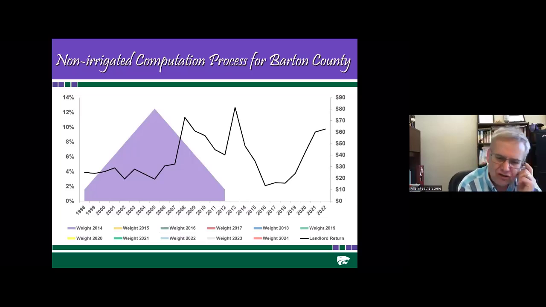But to give you an indication of how this works, we've put this weighted triangle there where you can see most of the weight. In this one, most of the weight is going to be on 2005. And you can see that weight goes all the way up to about 12.5% in the middle. And then it's just a little less than 2% as we bring years in and years out.